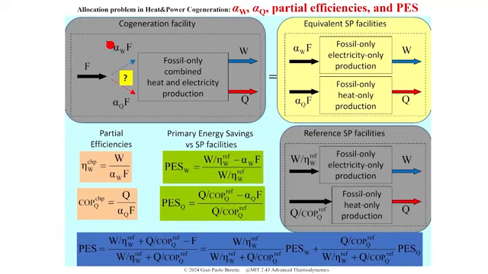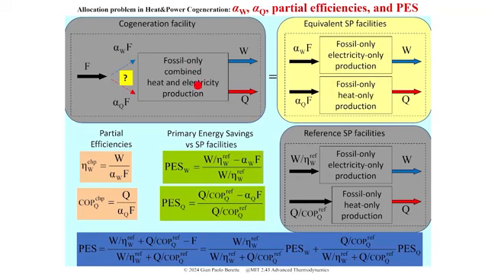So we need to define allocation factors. Suppose we have these allocation factors, alpha. They add up to 1. Essentially, it's the percentage of fuel that we think is being used for alpha W, the work production line, and alpha Q for the heat production line.